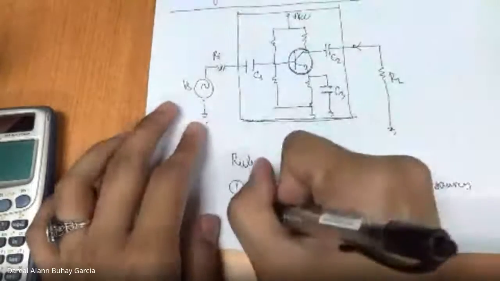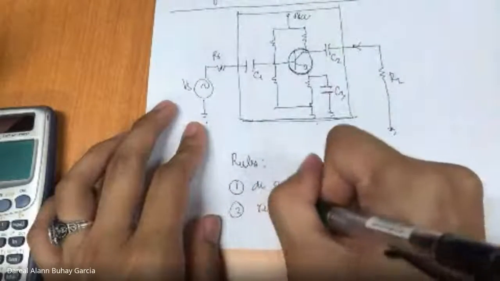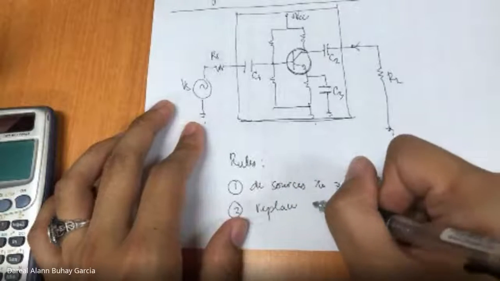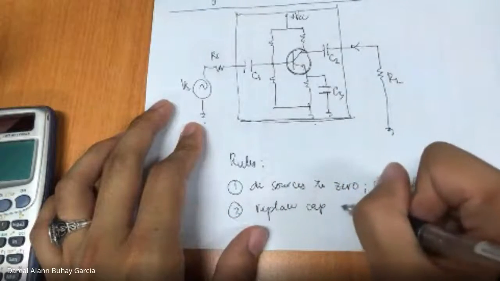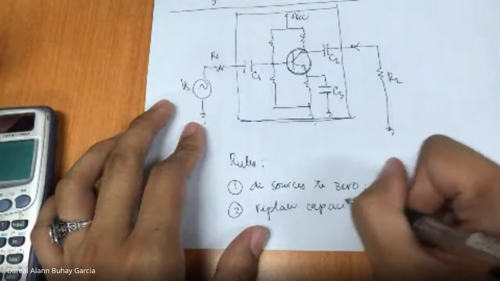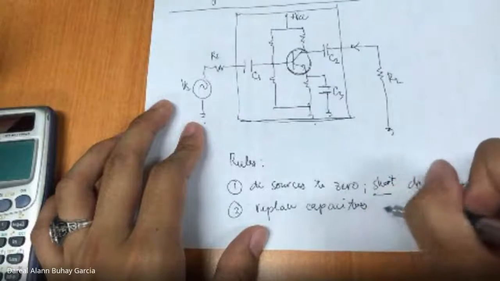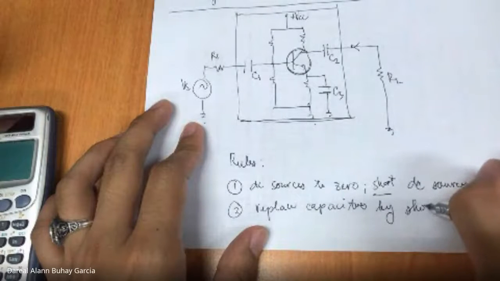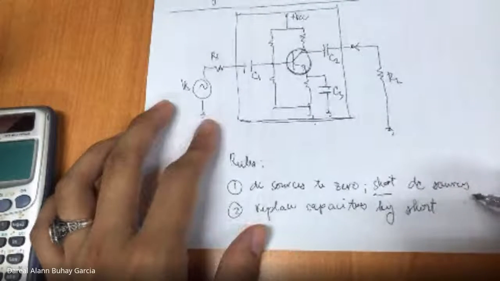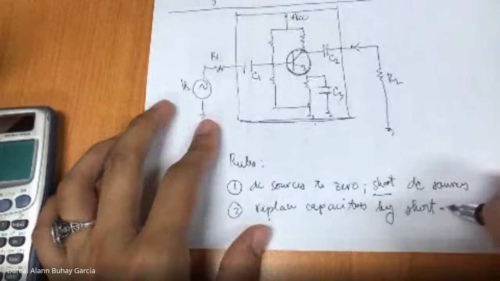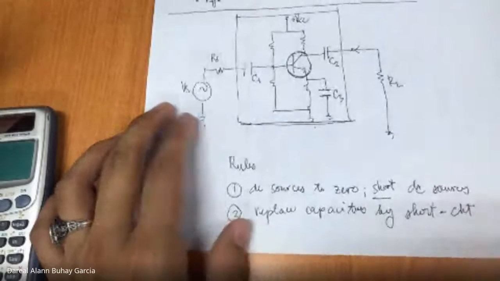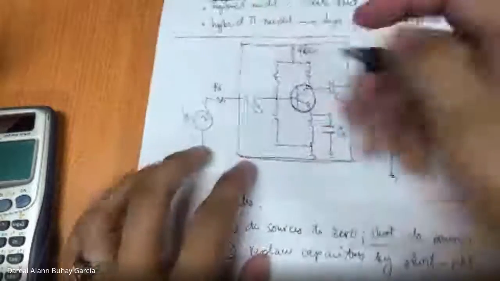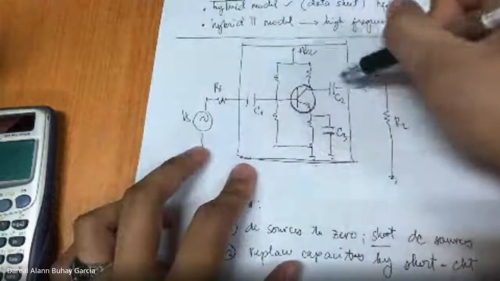Rule 2: replace capacitors by short circuits. Meaning, all capacitors are shorted. Why will we short our capacitors?